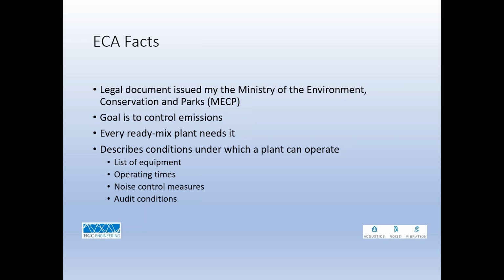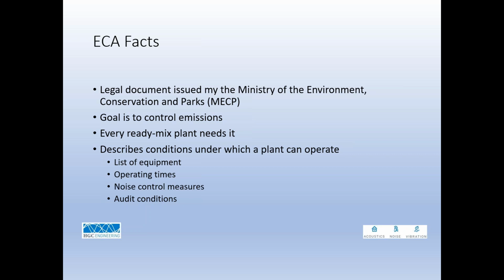In fact, there are different types of approvals, but we know for the ready-mix plant, most of you will probably just have the typical simple environmental compliance approval that essentially lists all the equipment that is installed at your site and determines the conditions under which that equipment can operate.